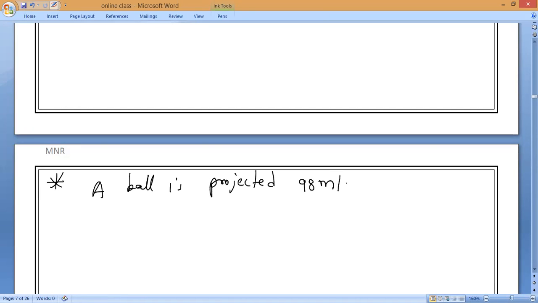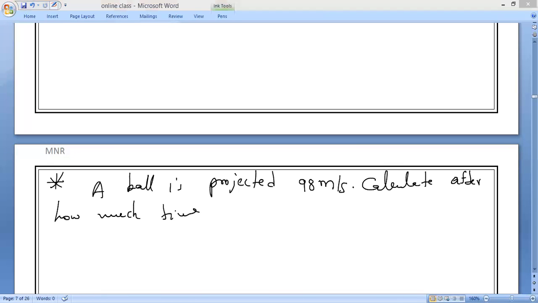Initial velocity, yes, initial 98 meter per second. Next, calculate after how much time it will strike the ground.